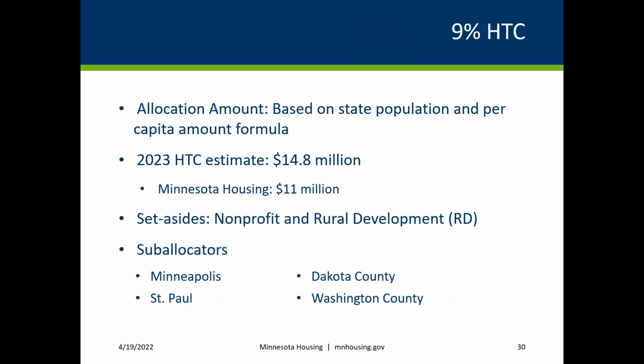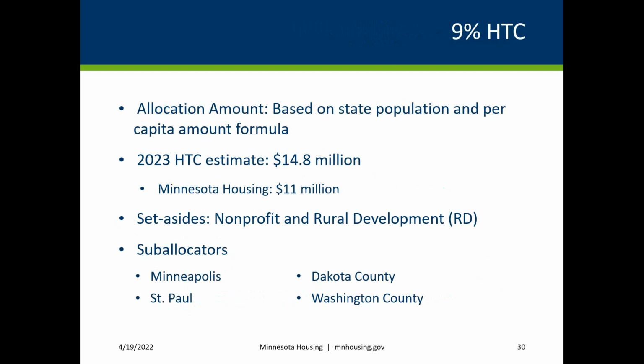In Minnesota, state statute outlines rules regarding the tax credit program, including how HTCs are distributed. So state statute establishes Minnesota Housing as the primary allocating agency and also establishes 4 other sub-allocators, so Minneapolis, St. Paul, Dakota County, and Washington County.